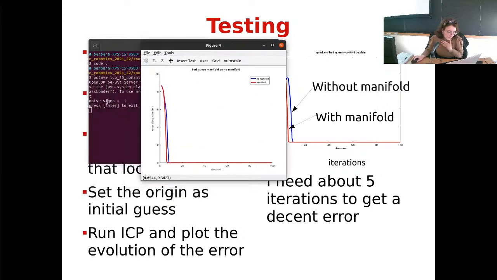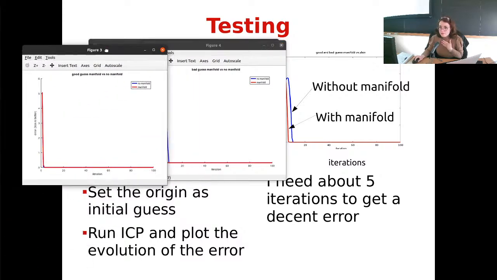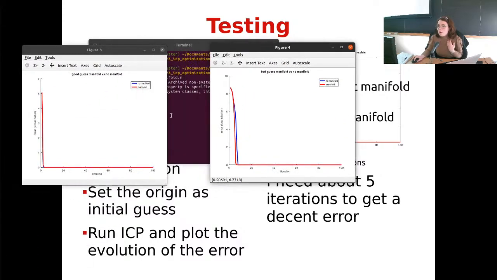Okay. So as I was anticipating, with the good guess, you cannot see a big difference between the use of the manifold formulation or not. While with a bad initial guess, then you can see the difference between using or not the manifold formulation.